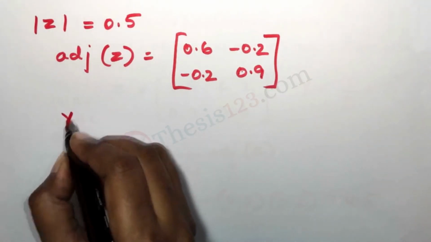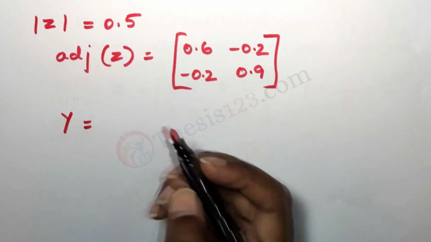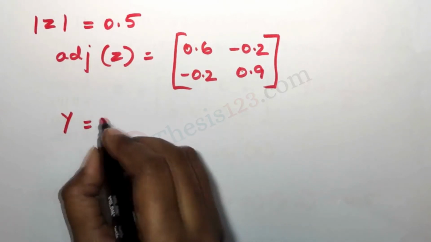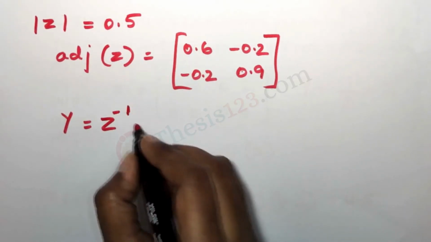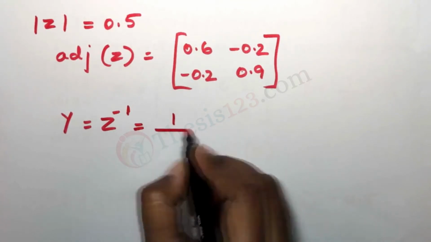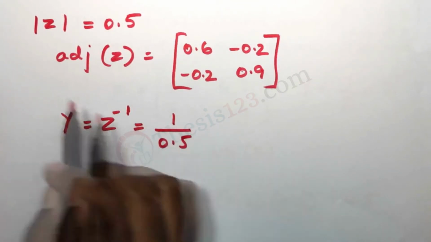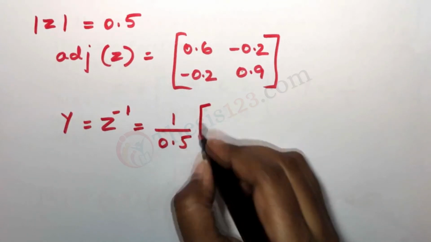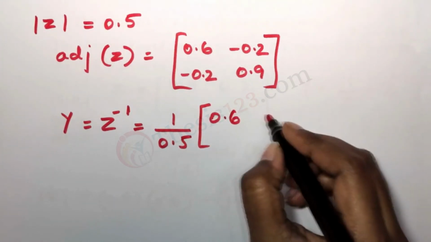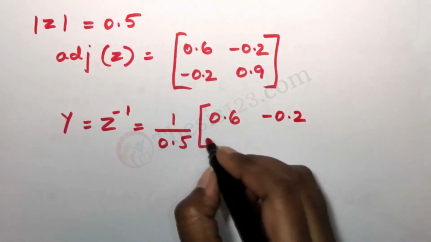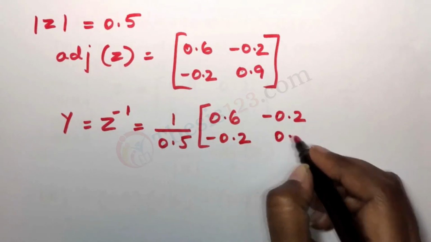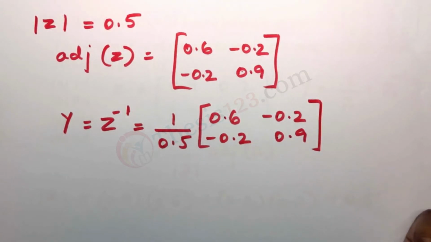So this implies that now our Y matrix would be the same as inverse of Z, which is 1 divided by 0.5, determinant of Z, into 0.6, minus 0.2, minus 0.2 and 0.9.